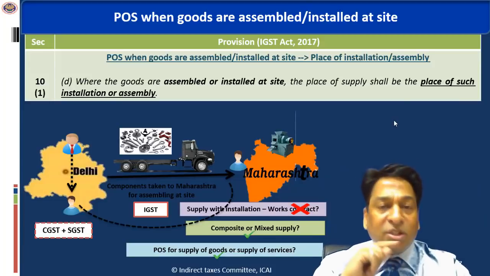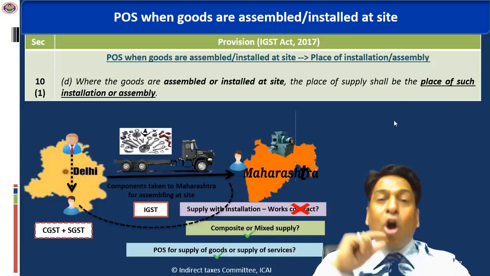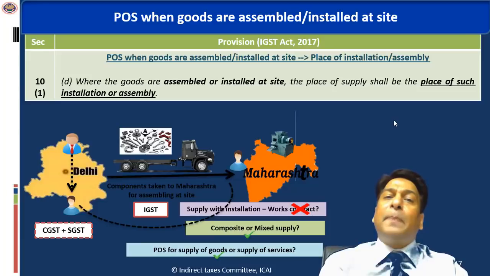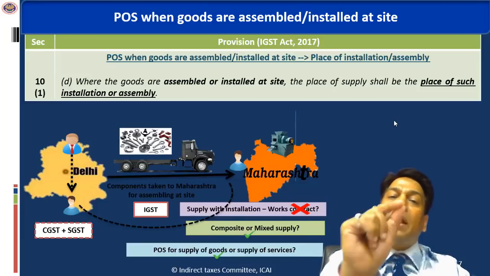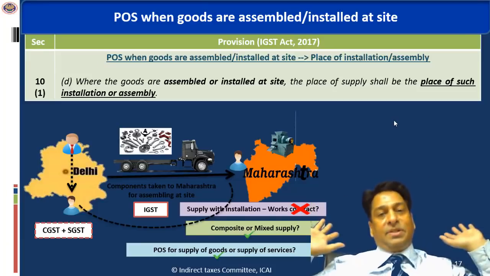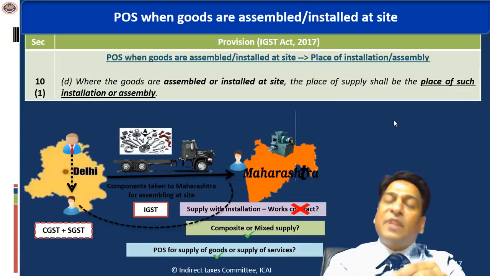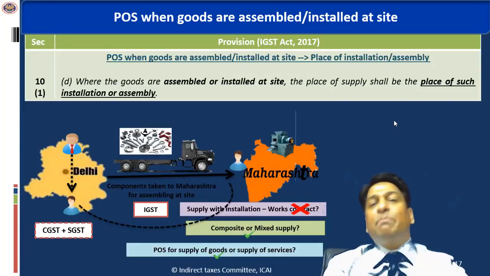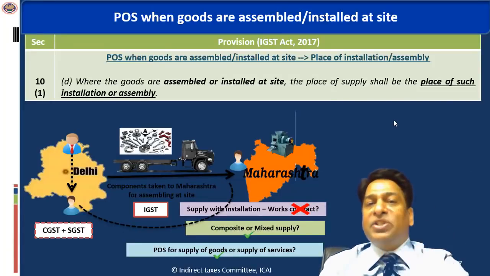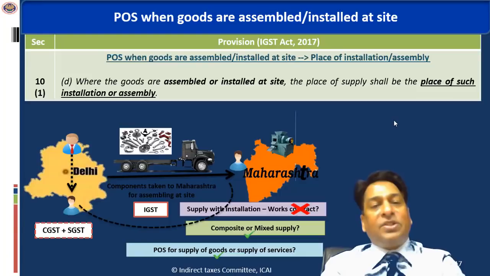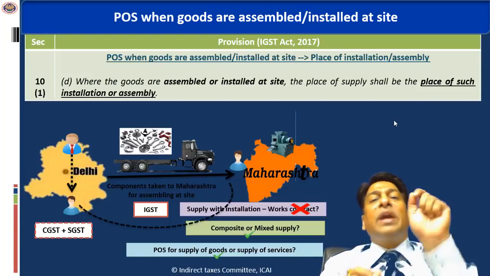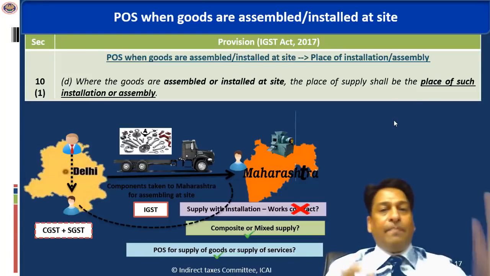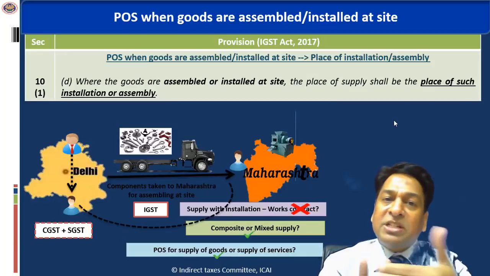Is it going to be works contract, or is it going to be composite supply, and composite supply of goods or services? First resolve whether it's a works contract. Answer is big no. Reason is very simple. Works contract in GST is always in relation to immovable property. Gone.